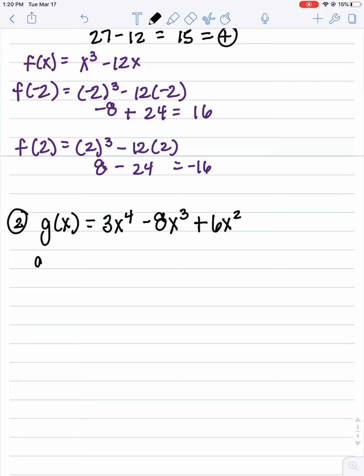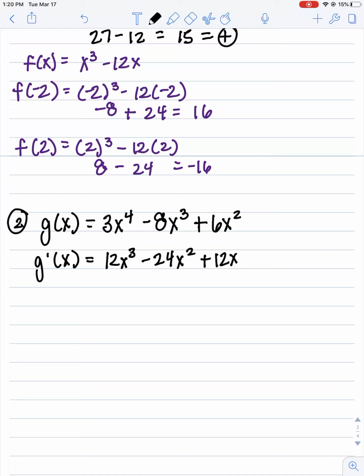So let's do another example. Take the first derivative, which equals 12x cubed minus 24x squared plus 12x.